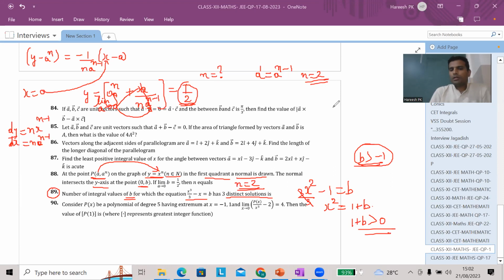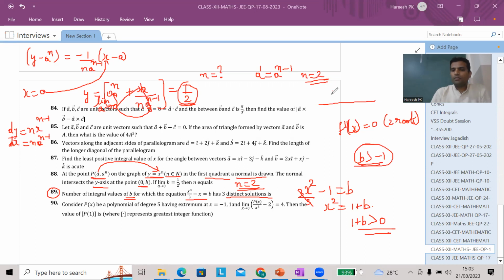Now, you should know something extra also. A cubic equation, for it to have three real roots, simply f dash x having two roots does not necessarily mean the cubic will have three roots. Why?